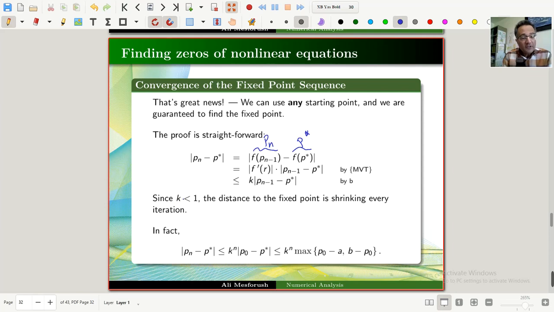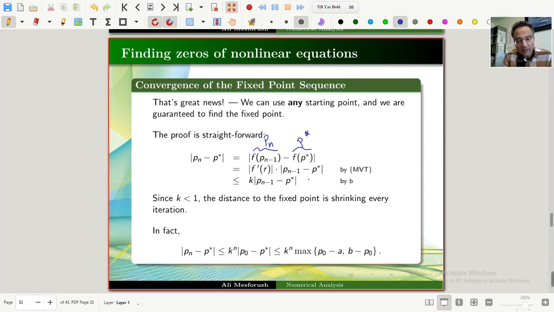Now, if k is less than 1, then the distance between Pn and P star is shrinking every iteration. In fact, the absolute value of Pn minus P star should be less than k^n times the absolute value of P0 minus P star. Why? Because here we can again use the mean value theorem.